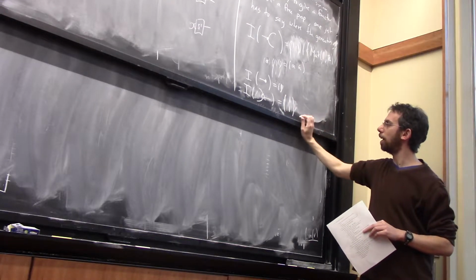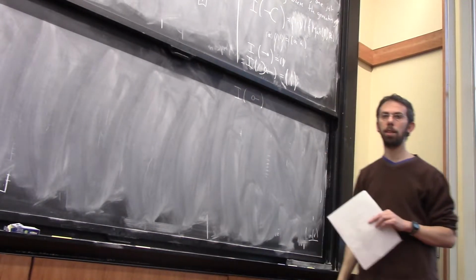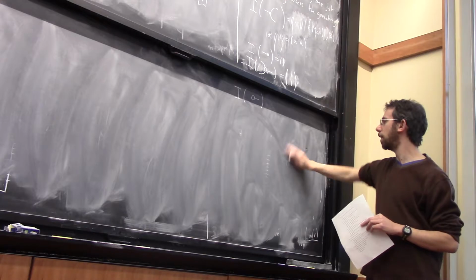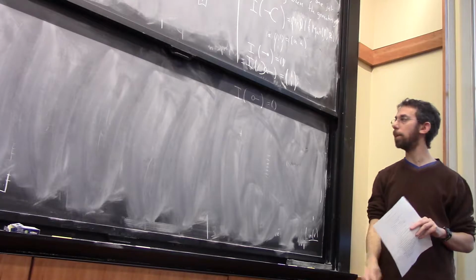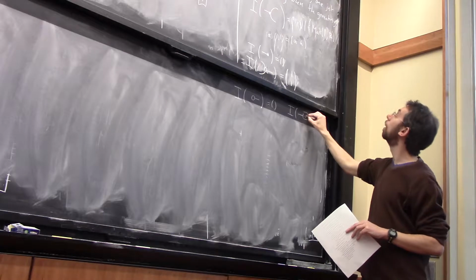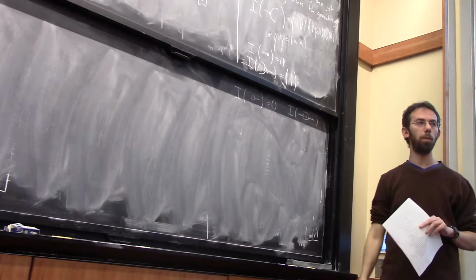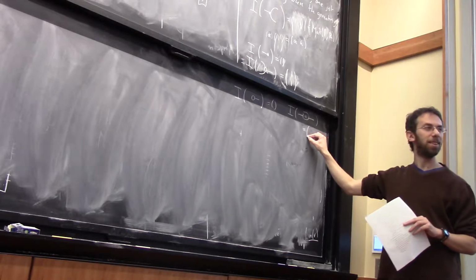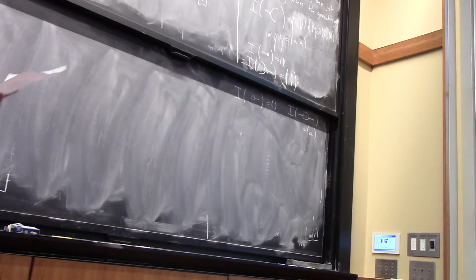And what is I of this guy, which takes no signal and returns something? This is going to be the empty matrix again, a 0 by 1 matrix. And finally, what is I of the wire A? It's going to be a 1 by 1 matrix, the identity. It takes in a one-dimensional signal and returns a one-dimensional signal.